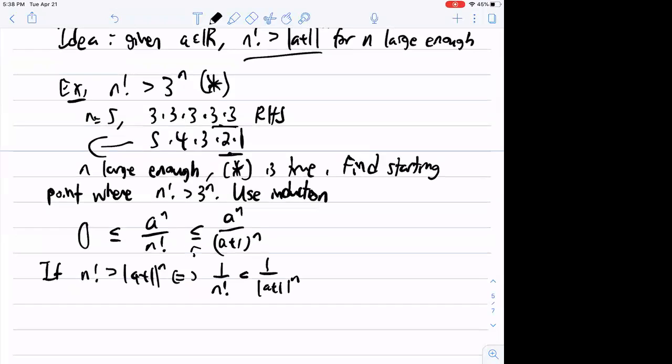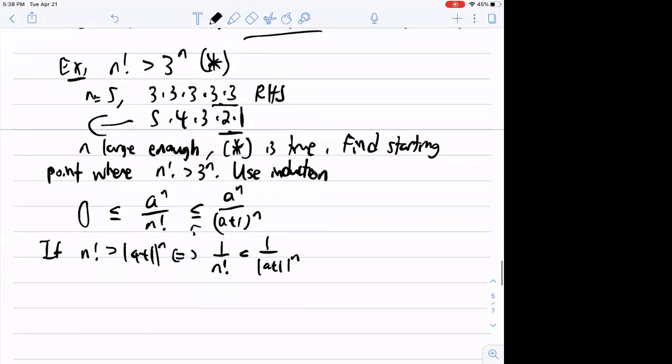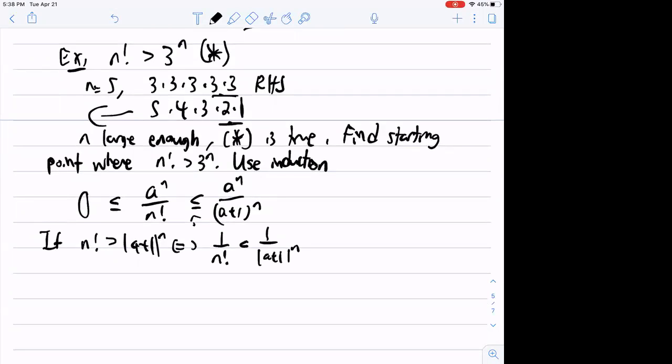That's how I got this part. In fact, I don't even need the equality sign, but basically you use the squeeze theorem. Hopefully you all recall the squeeze theorem.